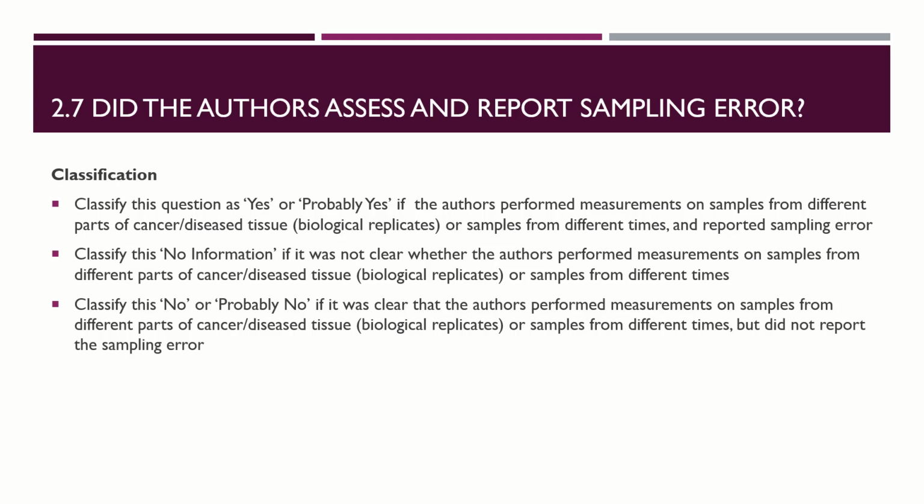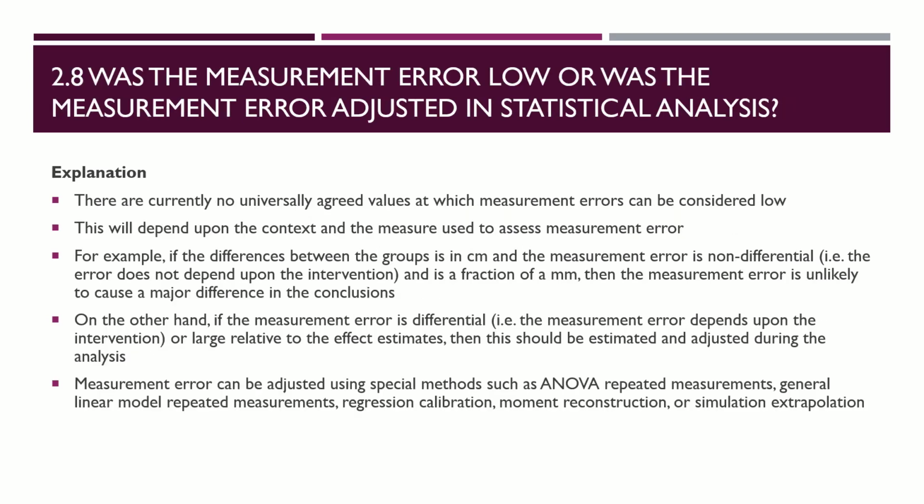Classify this as no or probably no if it was clear that they actually performed measurements on different samples, but they did not report the sampling error. That's when you would classify this as no or probably no. So they have made the measurement, but they did not report it. Okay.